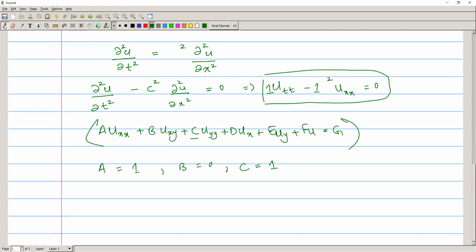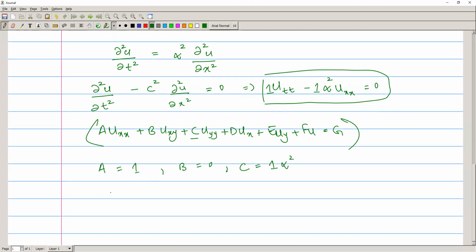So we'll replace it by alpha squared just to avoid the confusion, right? So the C will be negative alpha squared, because this whole thing is the constant. This whole thing is the coefficient of uxx.